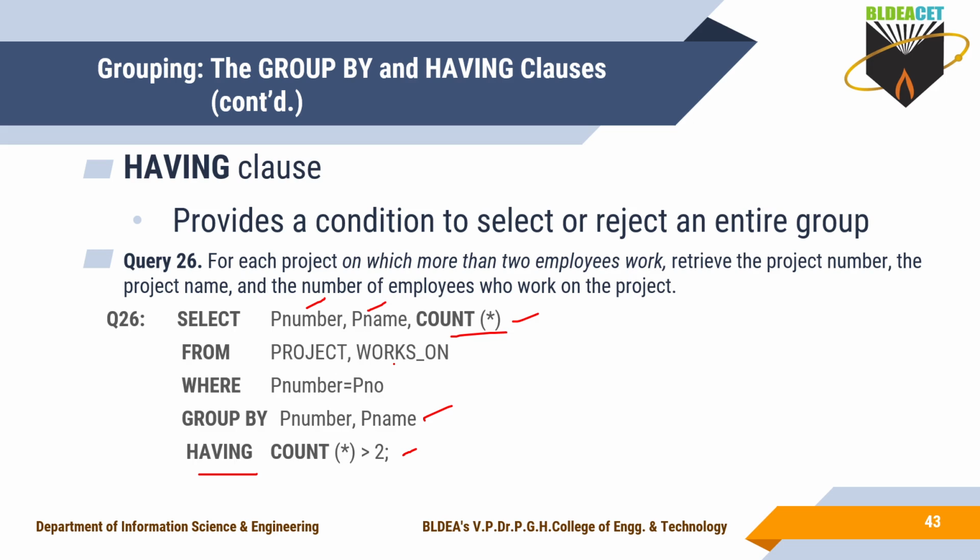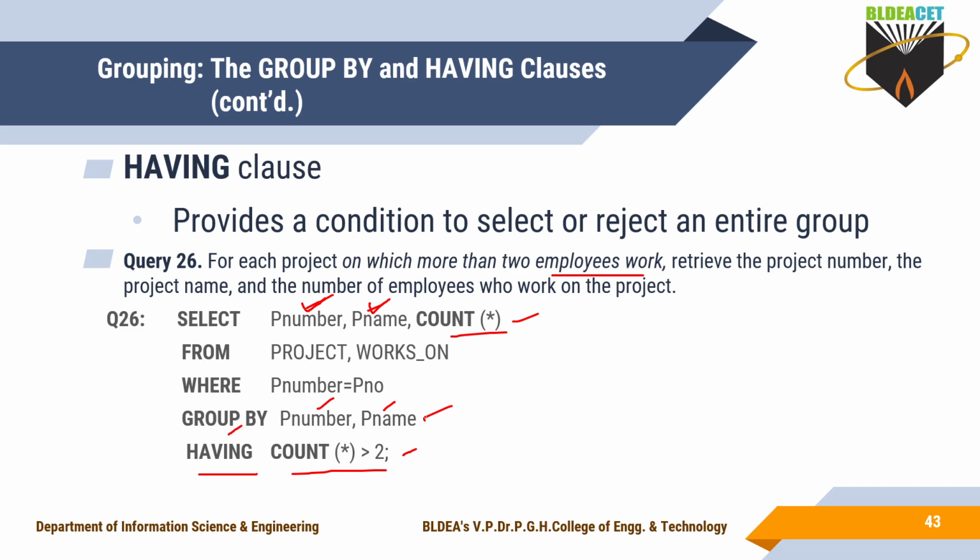Same thing: project and works on, where P number equal to PNO, group by P number and P name, and the condition is that this count star result must be greater than 2. If more than 2 employees work on a project, then I want to retrieve such project numbers and names. So here I am specifying the condition using the having clause.